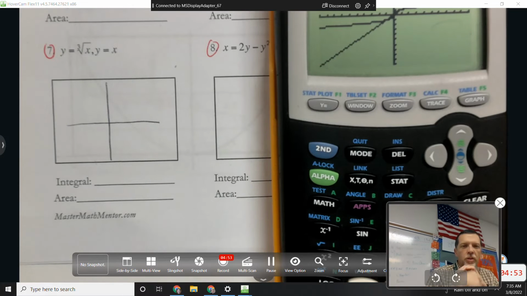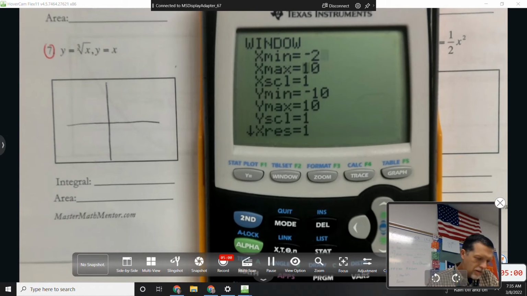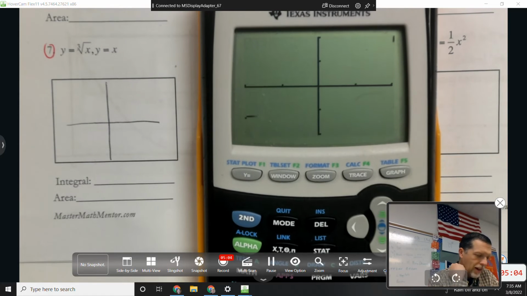And this is one where the standard window is not very good, because I don't know what's going on in there. So let's maybe go -2 to 2 on x and y and see if that looks any better. Okay, that does look better.